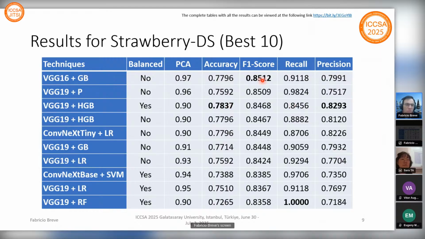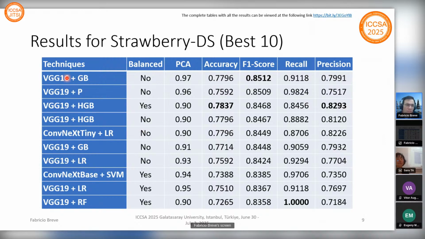So gradient boosting for F1 score, histogram-based gradient boosting for the accuracy and for precision, and regarding recall, random forests get the best results.